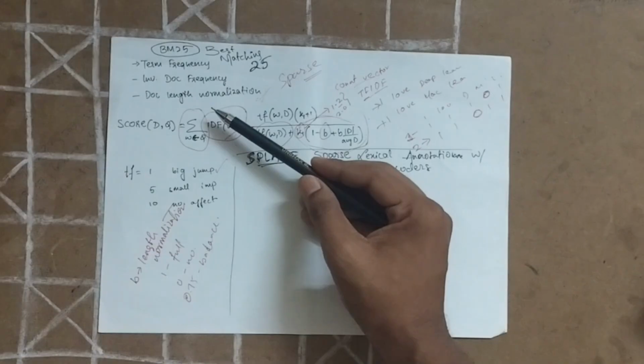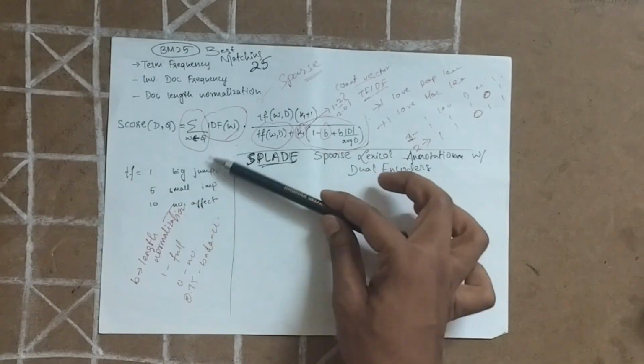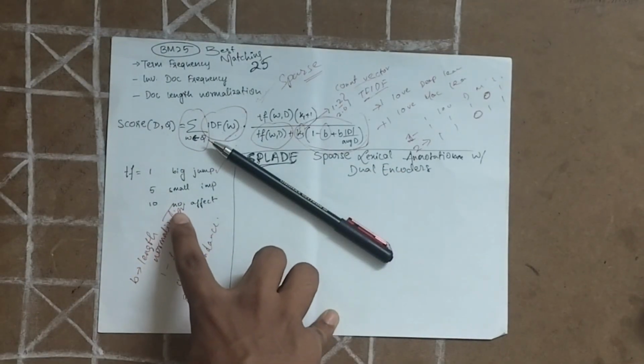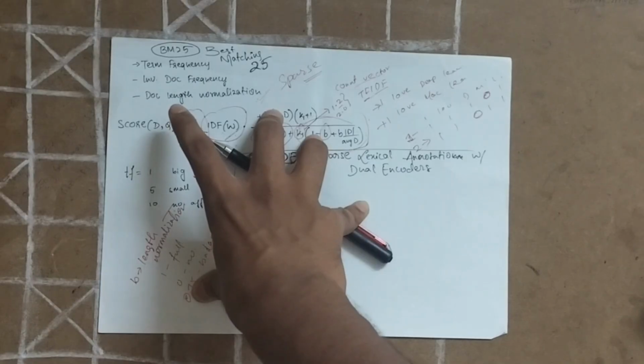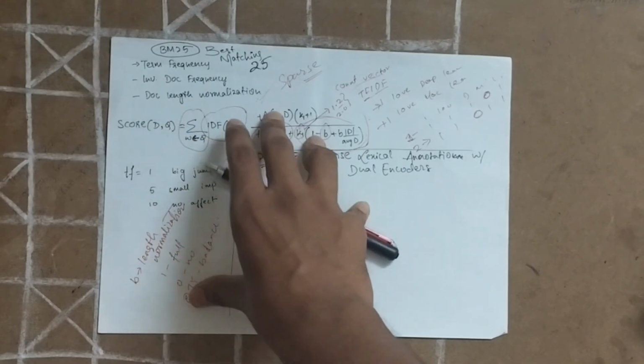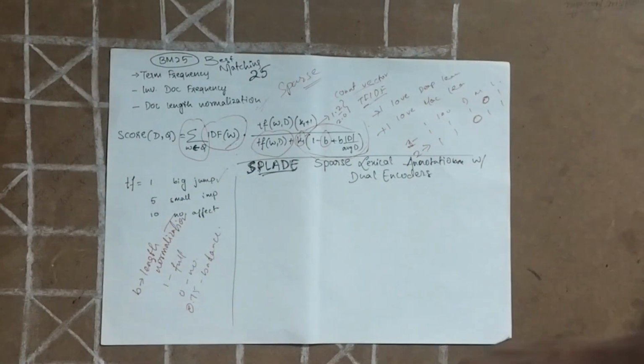So BM25 gives a higher score if the document contains exact keywords found in the query, and those words appear multiple times and are rare in the whole corpus, then we'll have a higher BM25 score.